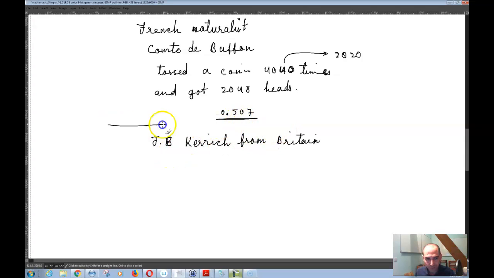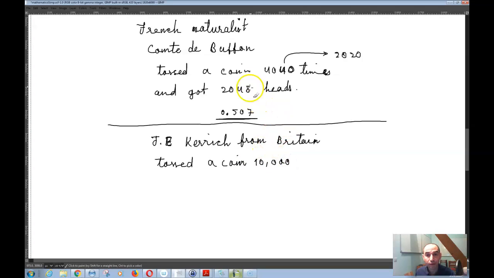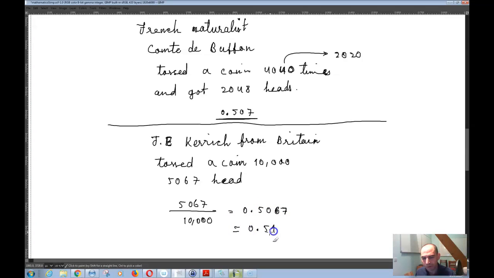He tossed the coin basically 10,000 times, and he got 5,067 hits, which would be a ratio of 5,067 to 10,000, which would be 0.5067. That's the same thing as 0.51.